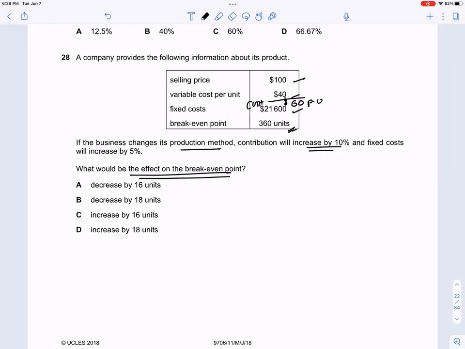If I change my production method, my new contribution will increase by 10%, it will become 66. Fixed cost will increase by 5%. What will be the new fixed cost? The new fixed cost will be 22,680. Are you with me? Yeah. What would be the new break-even point?